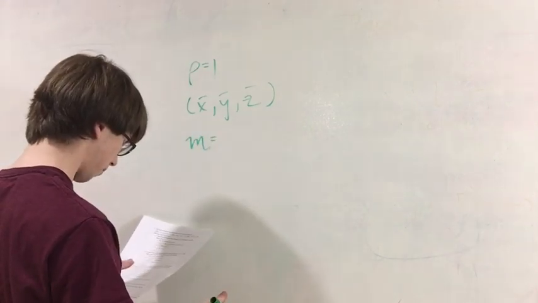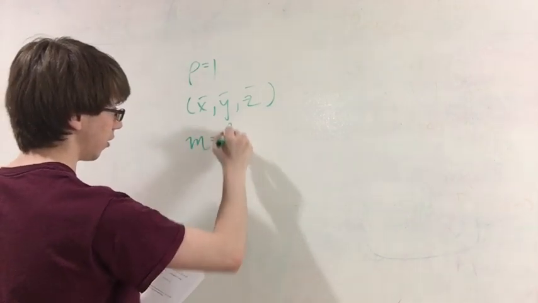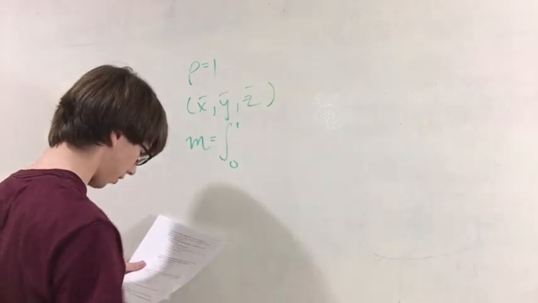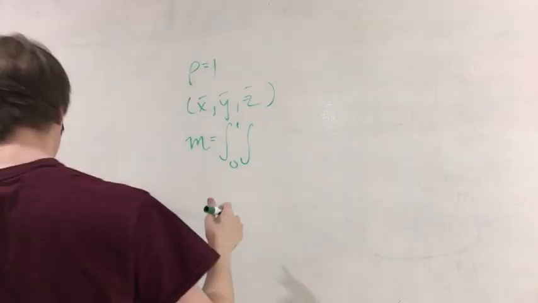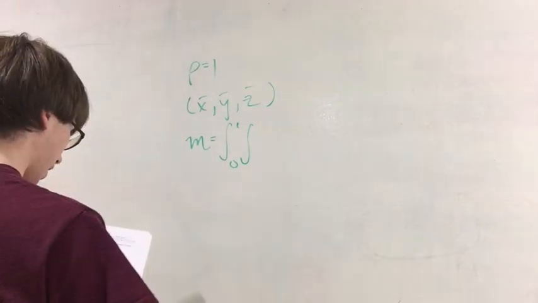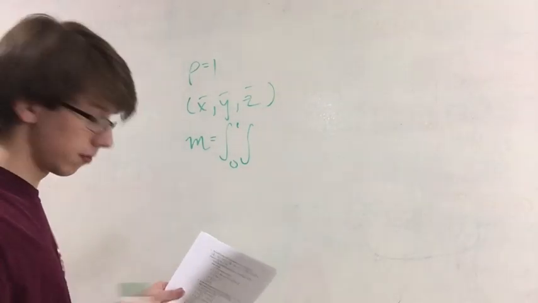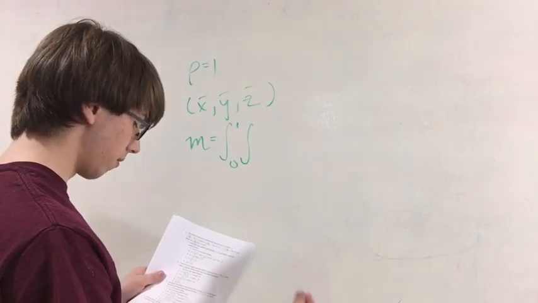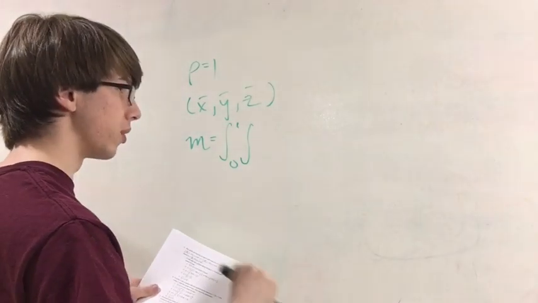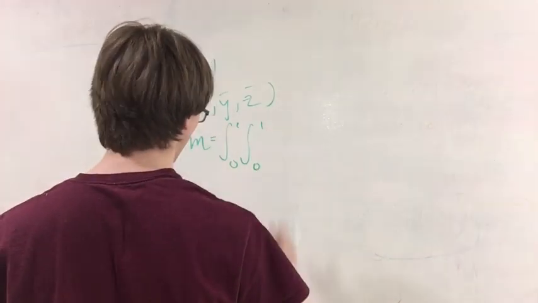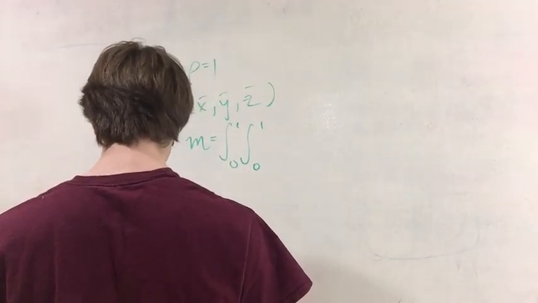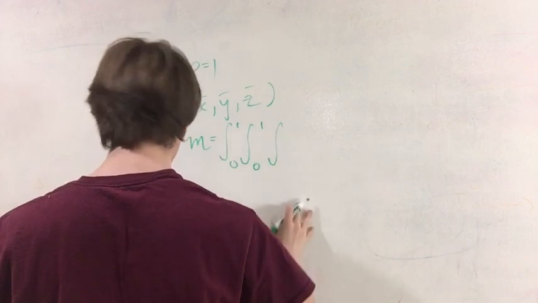Well, that's simple. It's just going to be integral from 0 to 1, okay? That's z. And then we solve for x. Well, y equals x and 3 minus 2x. Those intersect at x equals 1 and y equals 1. So the point is 1, 1. So for x, this is going to be our x. It goes from 0 to 1, first quadrant. And then this is going to be y.